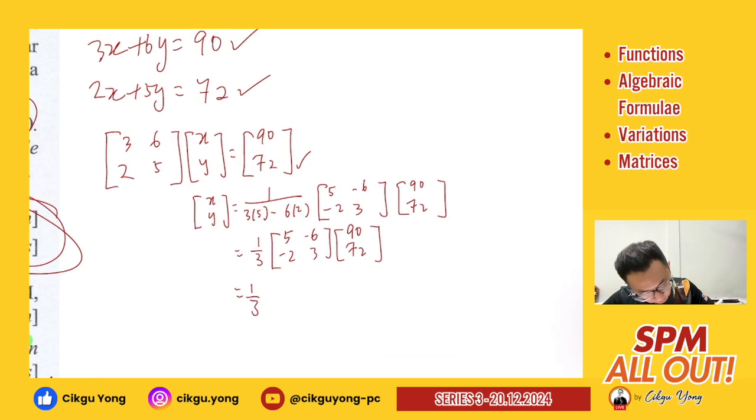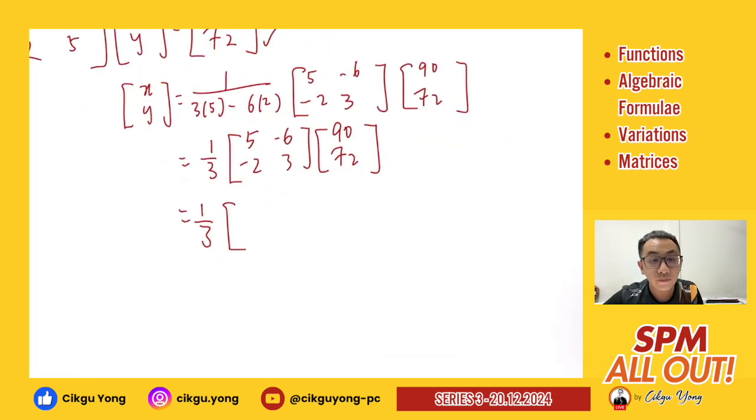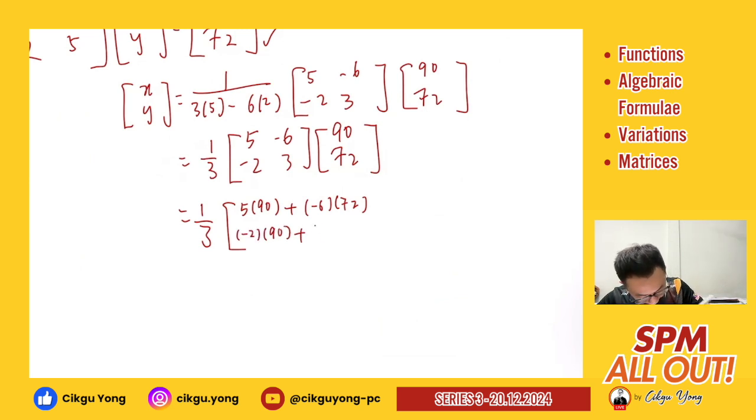And you perform your multiplication. So the 1, 2, 1, 2 rule applies here again. You have 5 multiply 90 plus negative 6 multiply 72. Then you have negative 2 multiply 90 plus 3 multiply 72.